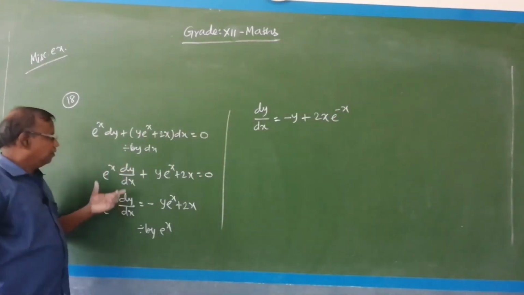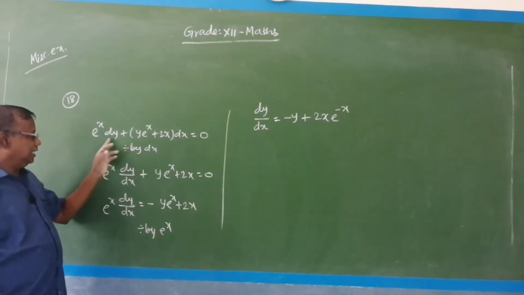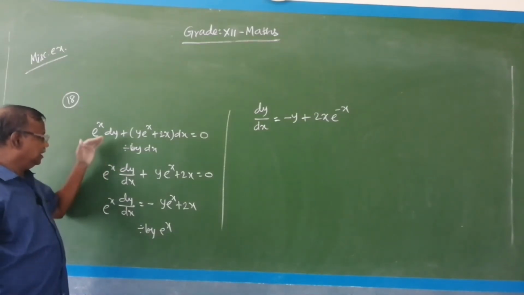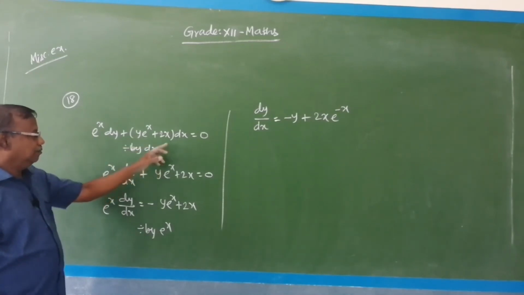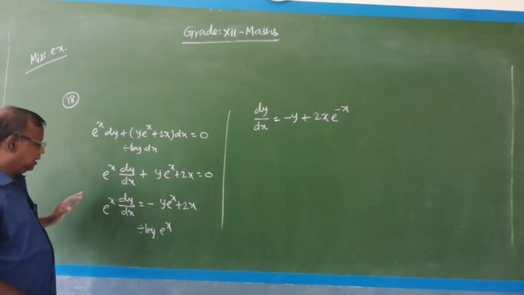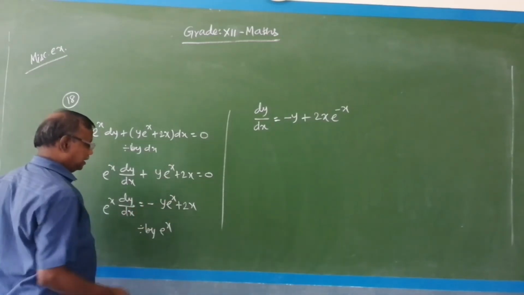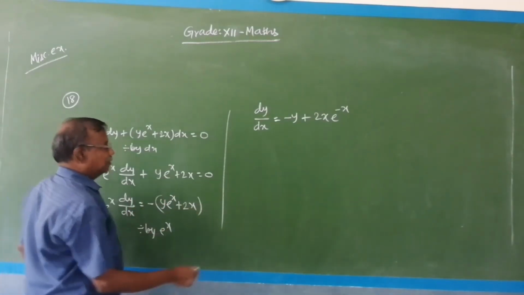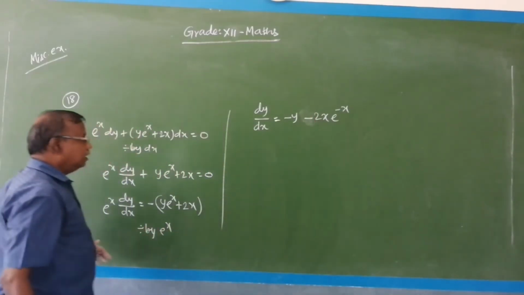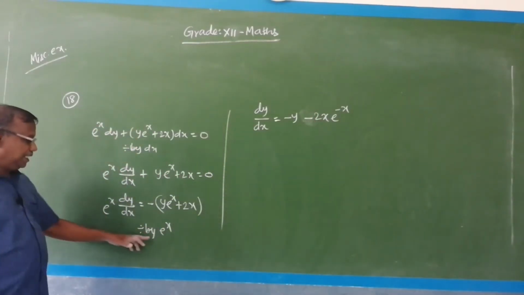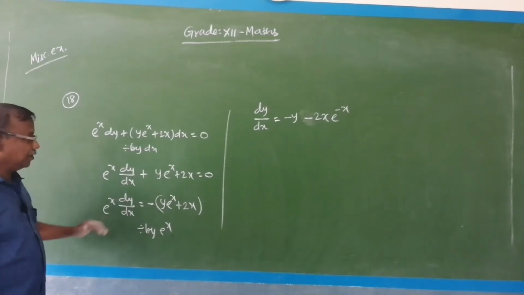So, we can bring the equation as e power x into dy by dx plus y e power x plus 2x, and bring this term to the right side. So, everything is minus, and divide by e power x.